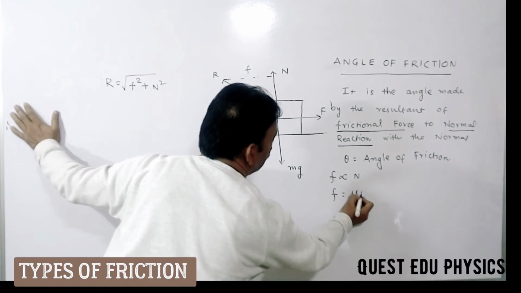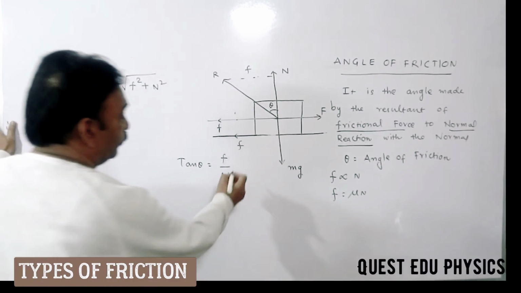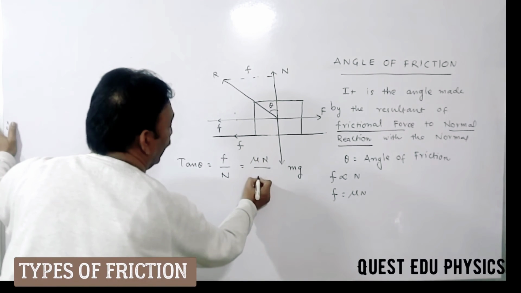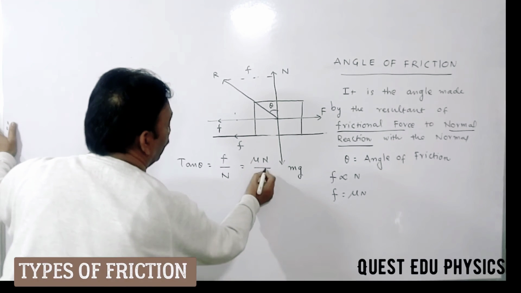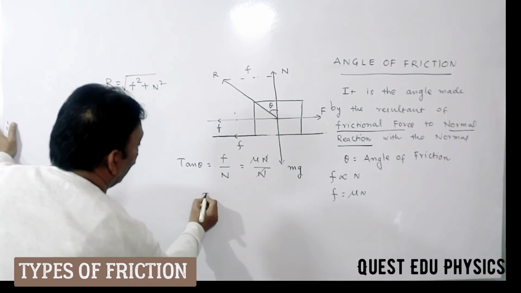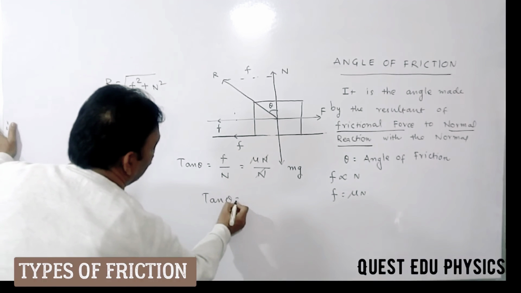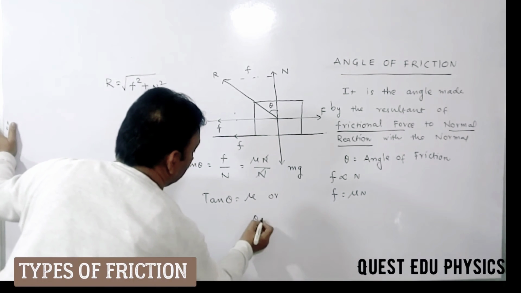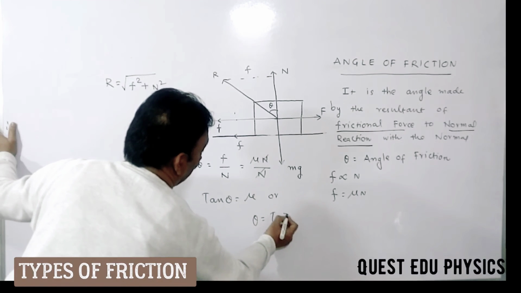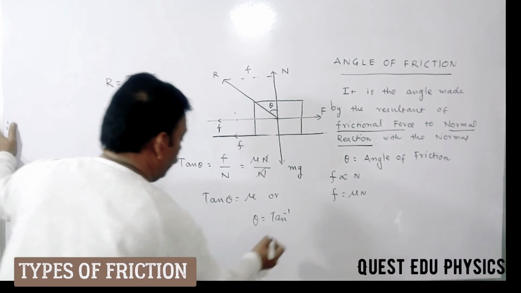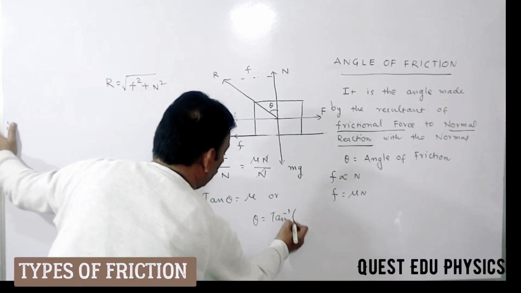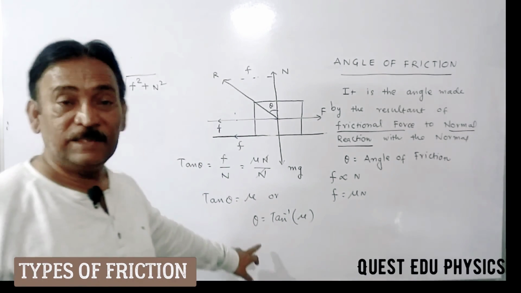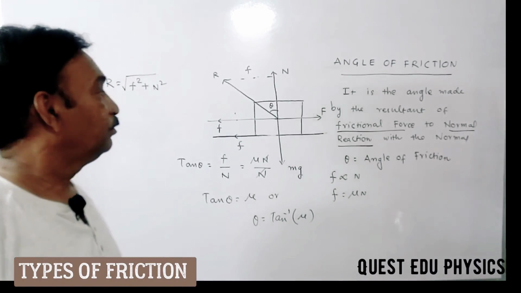Frictional force can be written as mu N. Here, I am putting this value here. Mu N by N, where N gets cancelled, and tan theta is equal to mu, or theta is equal to tan inverse mu, where theta is said to be the angle of friction.